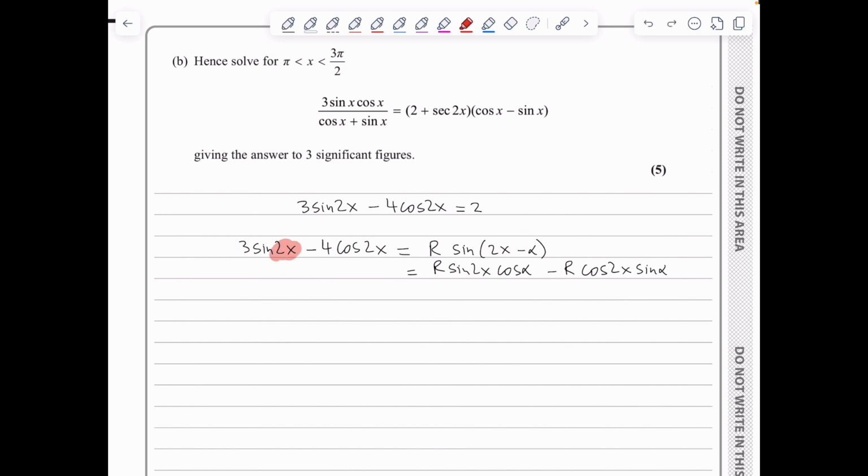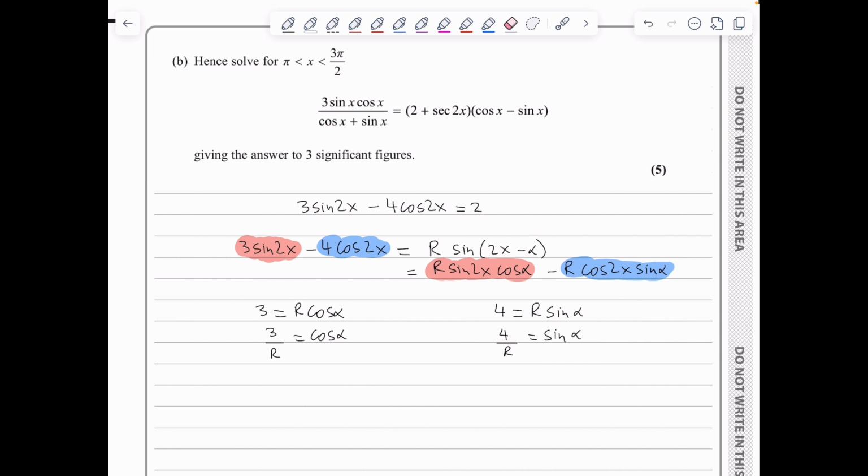Now if I equate the sine 2x terms, we get that 3 is equal to R cos alpha. And if I equate the cos 2x terms, on the left hand side we've got 4, which is equal to R sine alpha. So 3 over R is equal to cos alpha, and 4 over R is equal to sine alpha.